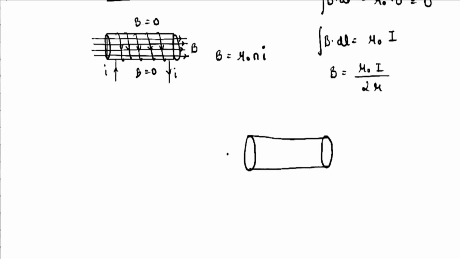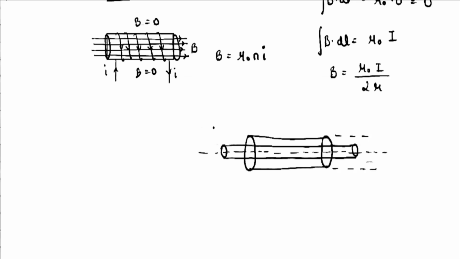This is the hollow cylinder which is placed inside the solenoid with a common axis. They are both infinitely long, the solenoid as well as the hollow cylinder. Let me wind the wire, so like this, the wire is being wound on the solenoid.